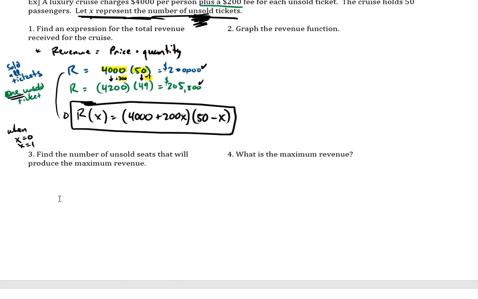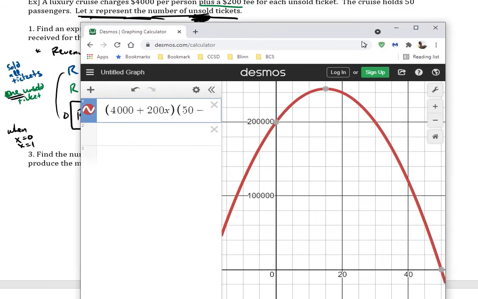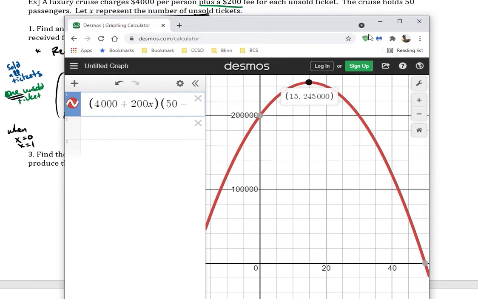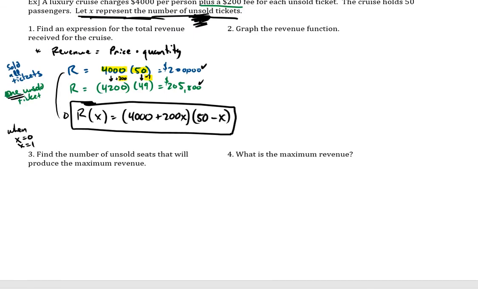Okay, so this graph is in the picture, but let's find the number of unsold seats that will produce the maximum revenue. Our number of unsold seats is the x-coordinate of this vertex, 15. So 15 unsold seats. Let me at least write our vertex was 15, comma, 245,000.